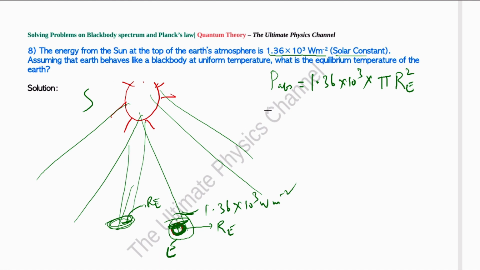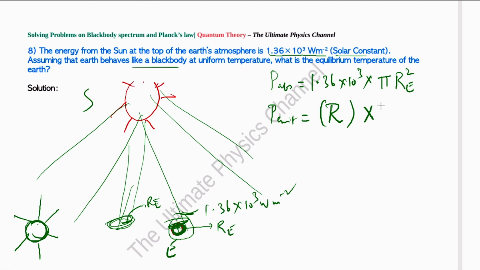And then the power emitted by Earth is whatever the total power per unit area that it emits, multiplied by the surface area of the Earth. The surface area of the Earth is the entire surface area through which it emits radiation like a black body.